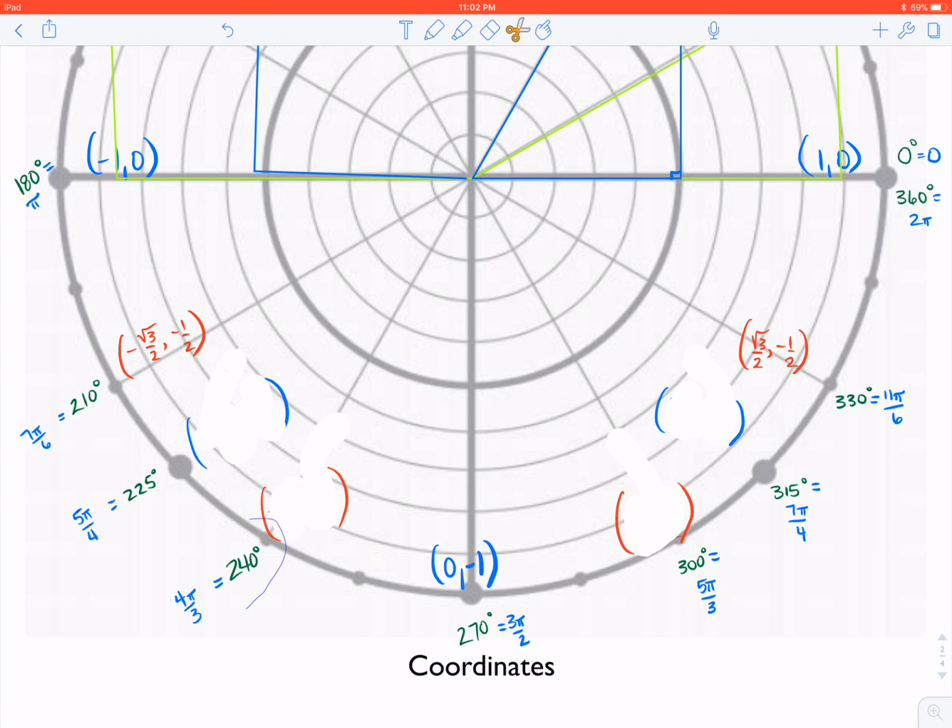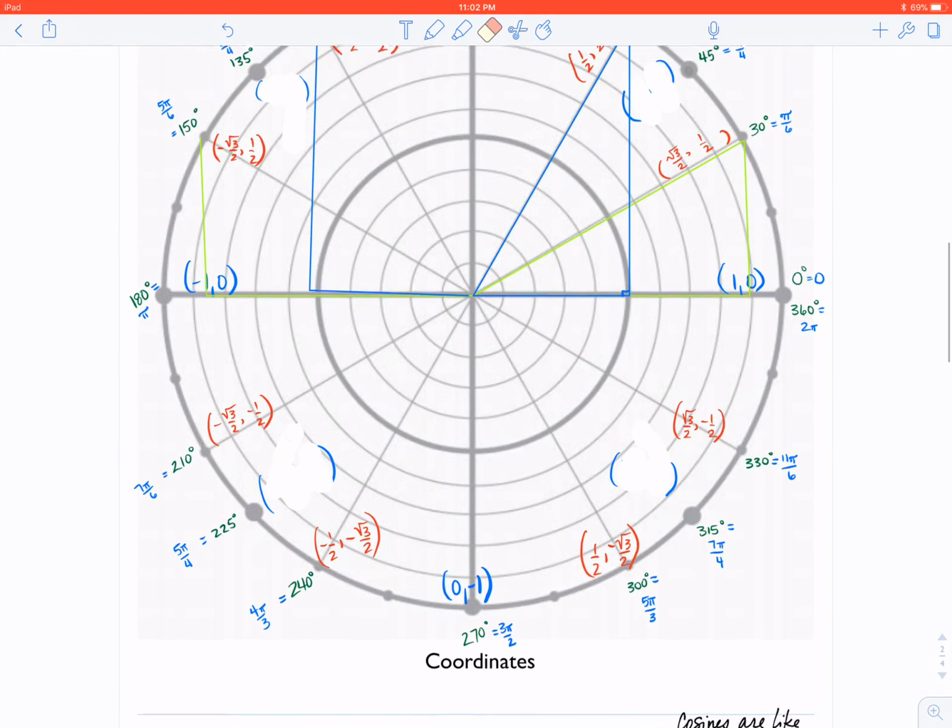Let's take a look at the 4 pi over 3 position. You're going to go left a short value, that's negative 1/2, and down a long value, negative √3 over 2. And then go to the last pi over 3 position. This is your 5 pi over 3 position. And so you're going to go to the right a short value, that's positive 1/2, and down a long value, negative √3 over 2.